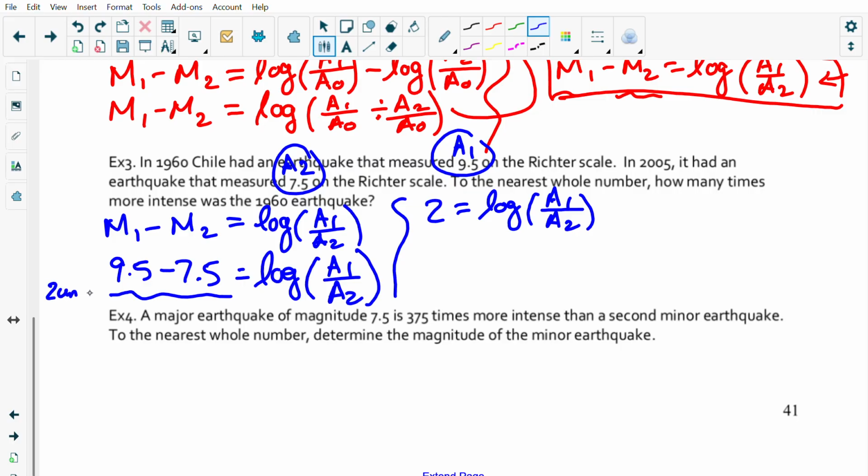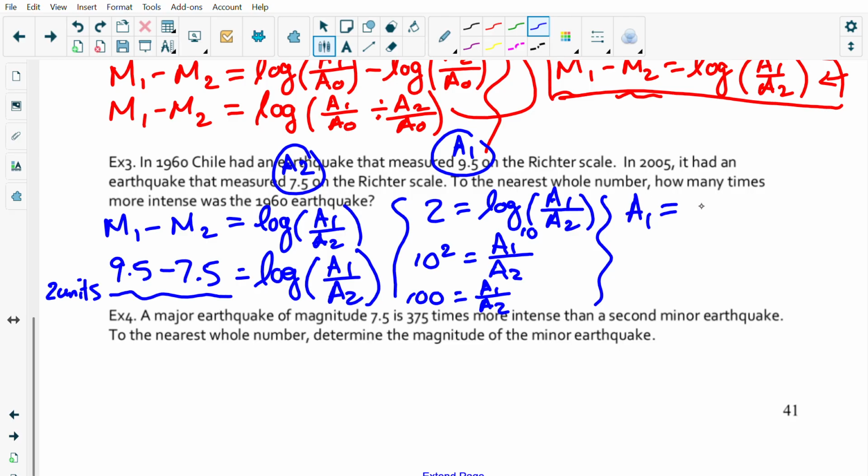But let's do the calculation. Remember, this is base 10. So we say this is 10 squared equals A1 over A2 when we convert it to exponential form. So 100 equals the ratio of the intensity of earthquake 1 to intensity of earthquake 2. Let's cross multiply. A1, the intensity of earthquake 1, equals 100 times the intensity of earthquake 2.